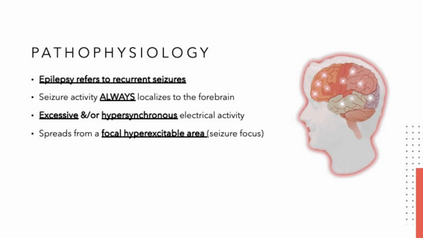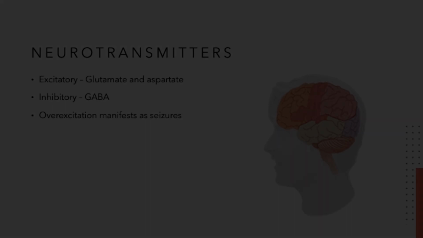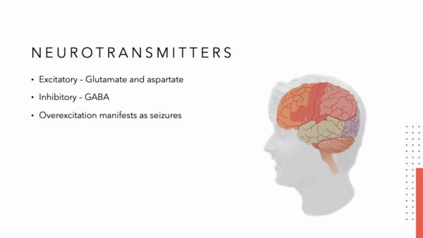Epilepsy, by definition, refers to recurrent seizures that occur due to abnormal, excessive electrical activity in the brain. This hyperexcitability is the result of an imbalance between excitatory and inhibitory neuronal mechanisms. In normal brain function, neuronal firing is tightly regulated through a balance of inhibitory neurotransmitters, such as GABA, gamma-aminobutyric acid, and excitatory neurotransmitters, primarily glutamate and aspartate.